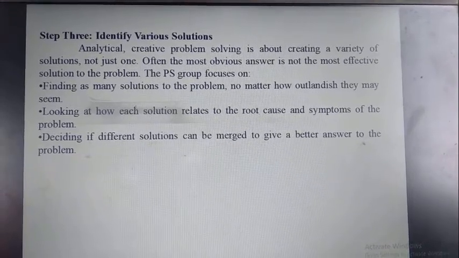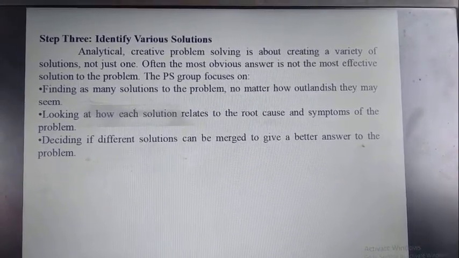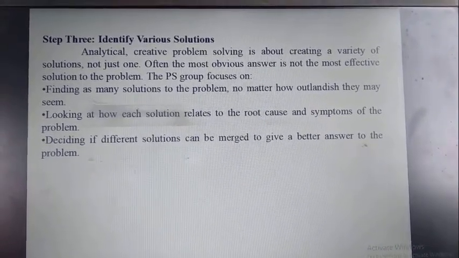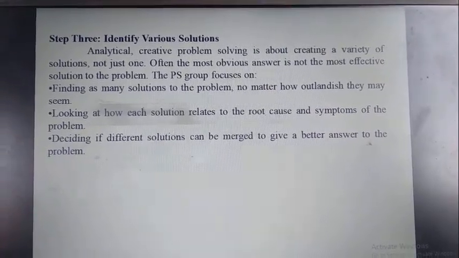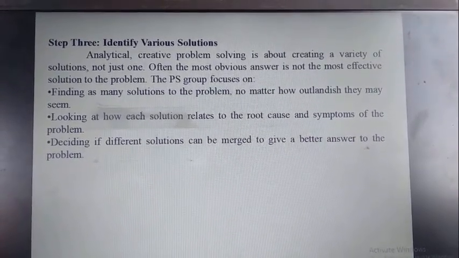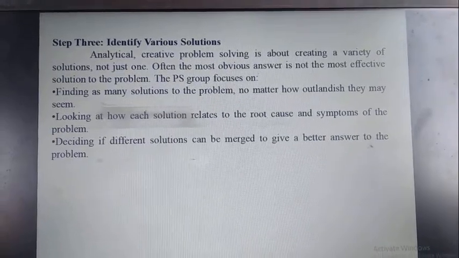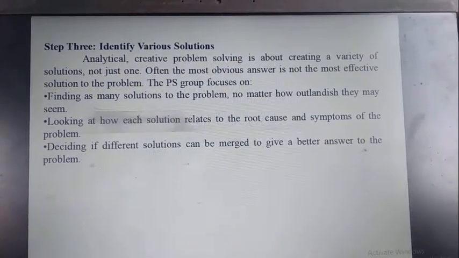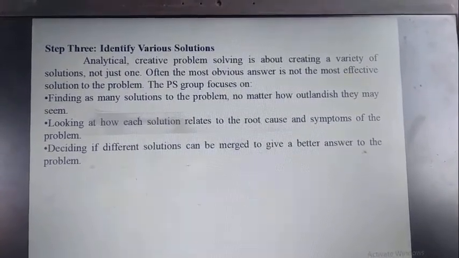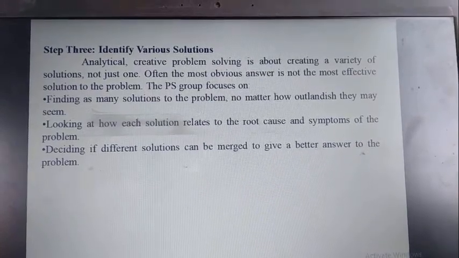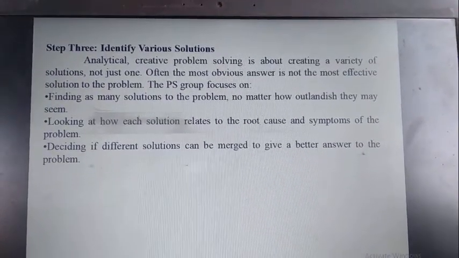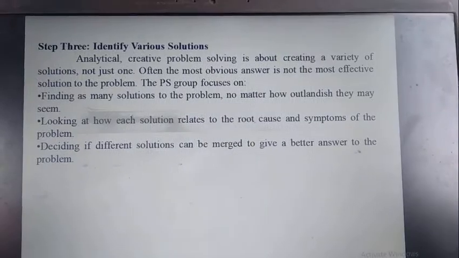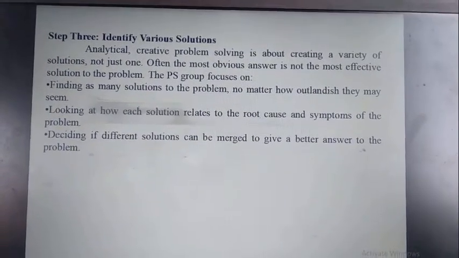The problem solving group focuses on the following points: finding as many solutions to the problem as possible, no matter how outlandish they may seem; looking at how each solution relates to the root cause and symptoms of the problem; and deciding if different solutions can be merged to give a better answer to the problem.